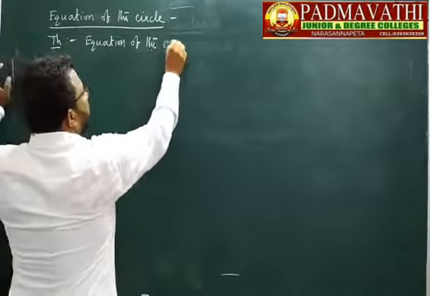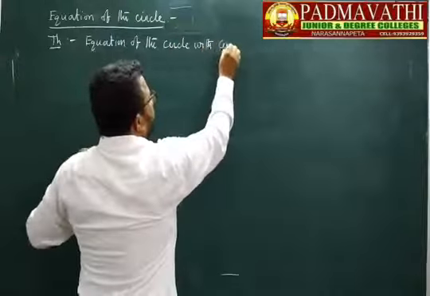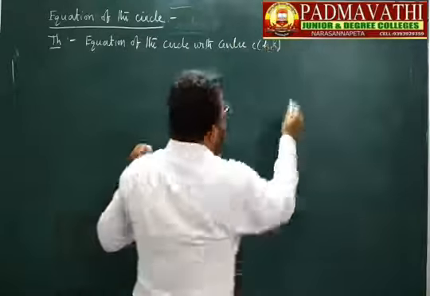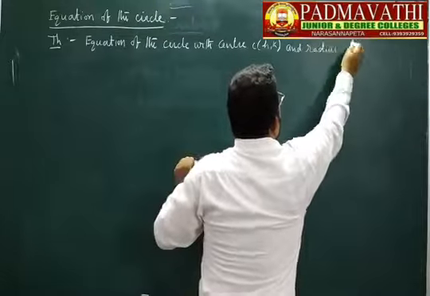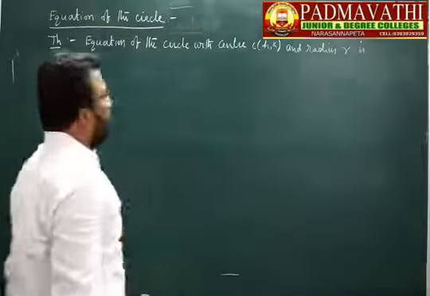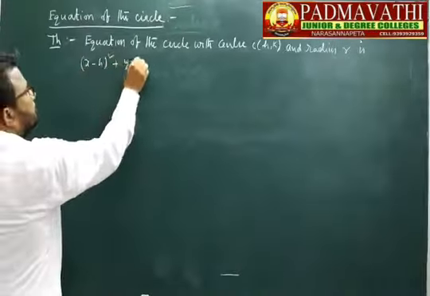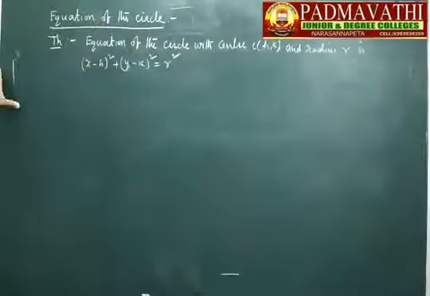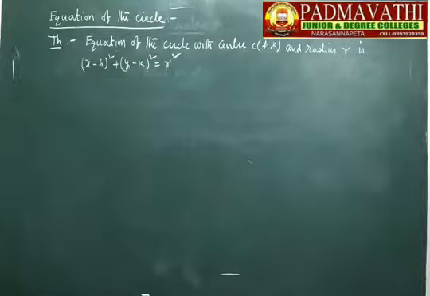Equation of the circle with center C(h, k) and radius r is (x minus h) whole square plus (y minus k) whole square is equal to r square. This is the theorem.